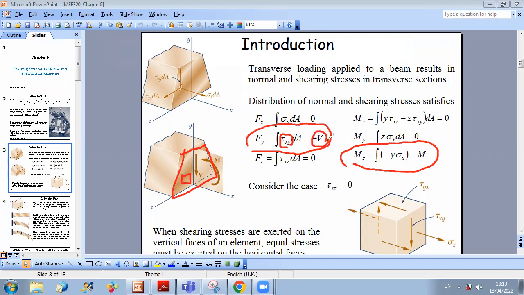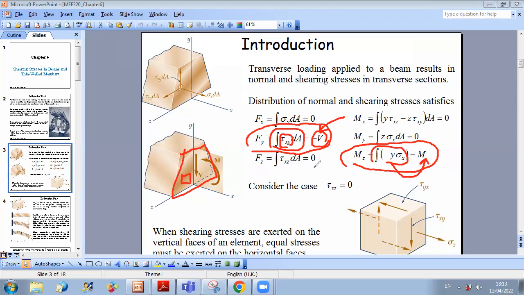And when you draw the shear and bending moment diagram, you determine the total shear force in each cross section, but this shear force is created by a certain distribution of shear stresses within the area, as was the case with the normal stress distribution that will create a total bending moment.